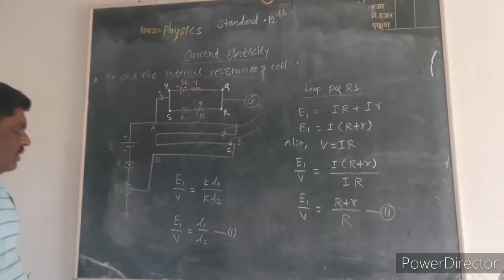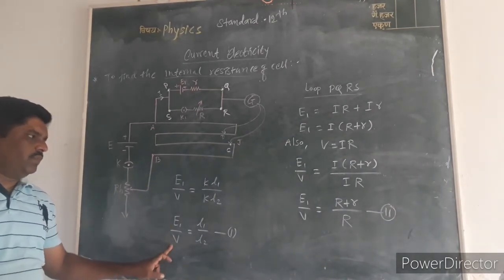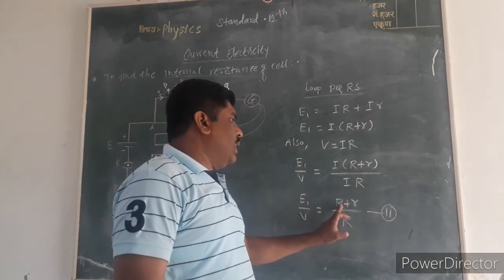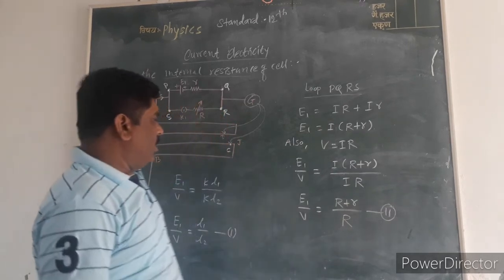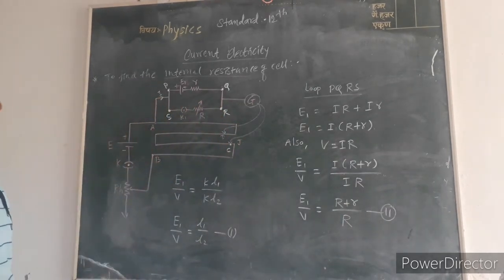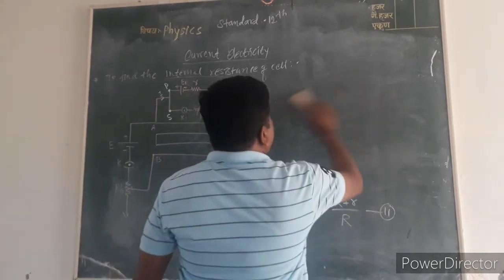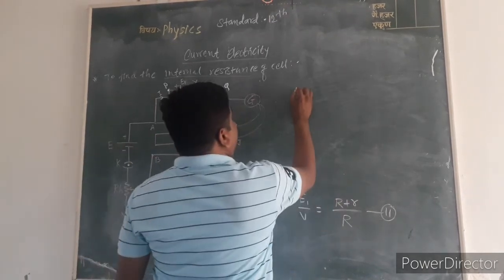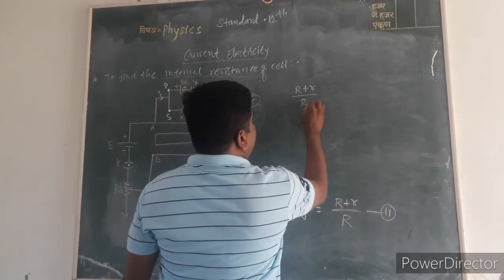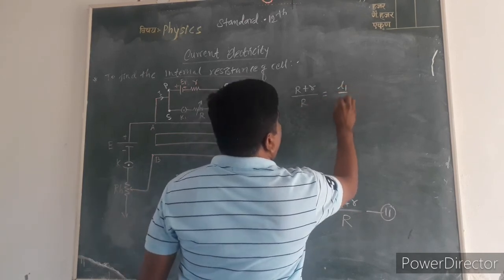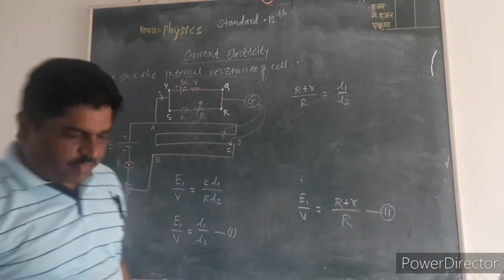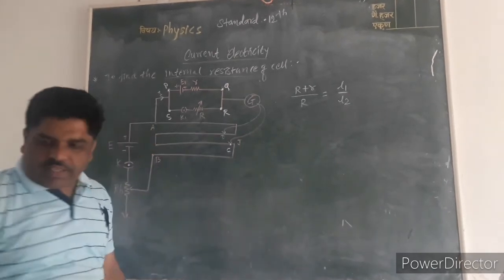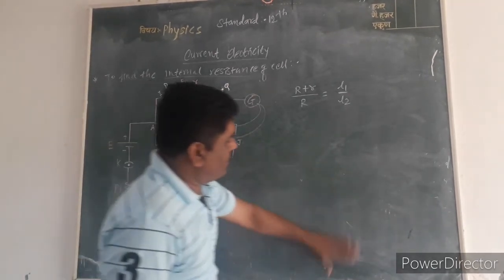Equation second. We get first equation E1 upon phi is L1 upon L2. Second equation E1 upon phi is equal to R plus r divided by R. From equation 1 and equation 2 we get R plus r divided by capital R is equal to L1 upon L2, because the left hand side of this equation is same, hence right hand side is also same.